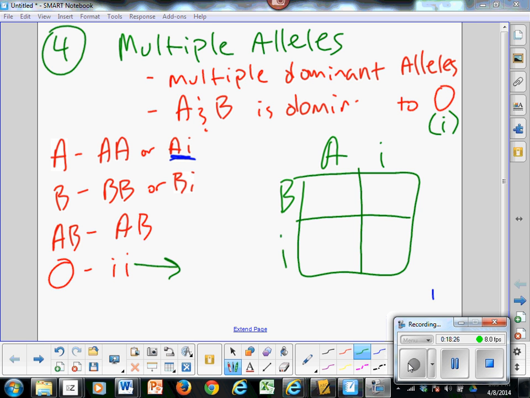Can these two people, even though one parent is A and one parent is B, can they have a child that is type O? Yes. If the B parent donates the little i, and the A parent donates the little i, you can have an O child. It's a 25% chance, but there's still a chance. It's still possible.